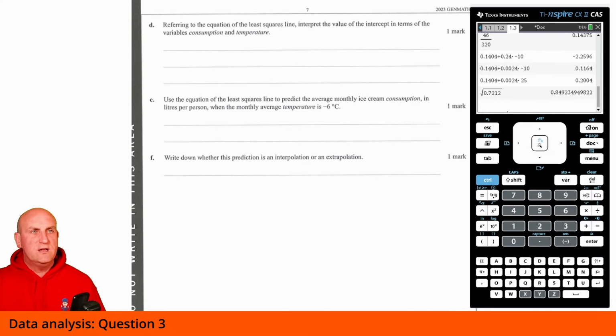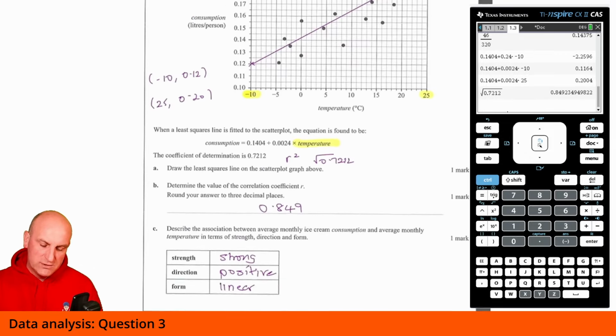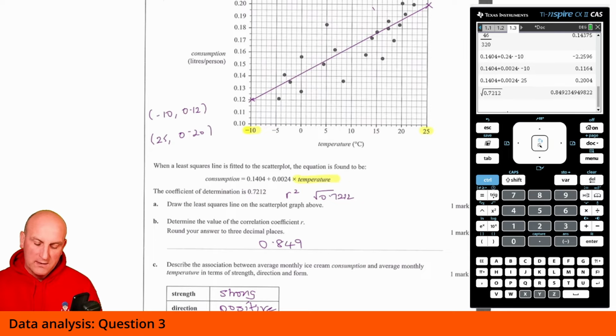Referring to the equation of the least squares line, interpret the value of the intercept in terms of the variables consumption and temperature. Oh, the intercept. Right, okay.